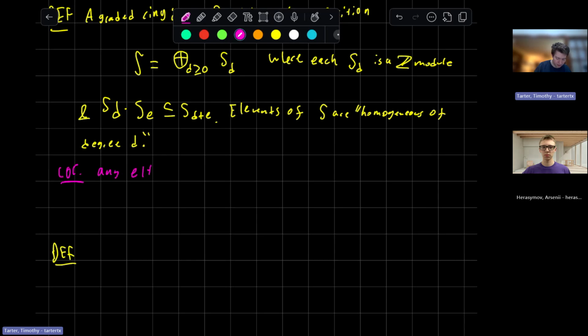Any element of S can be written as a finite sum of homogeneous elements.